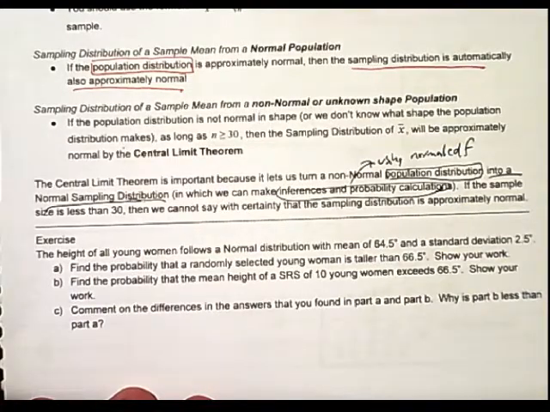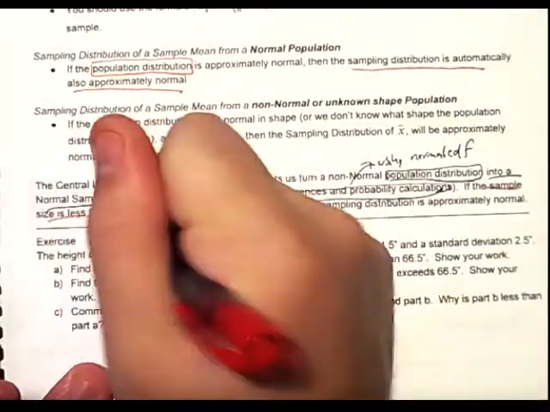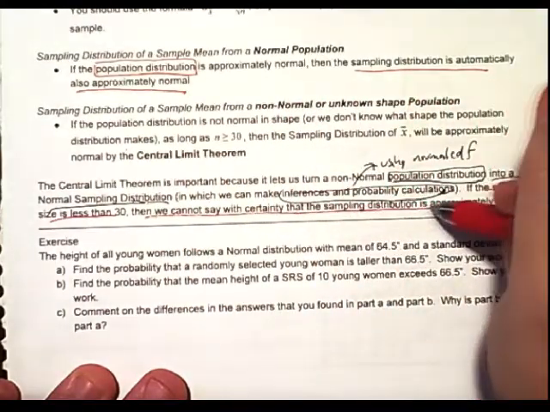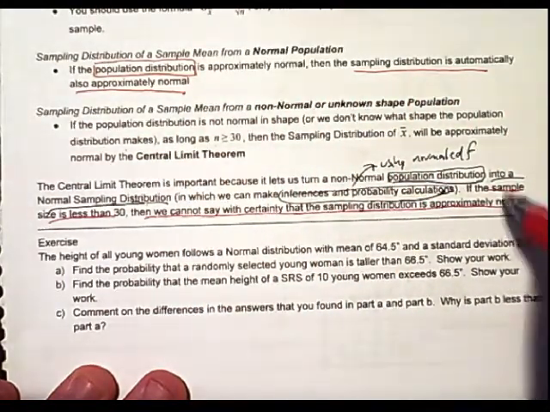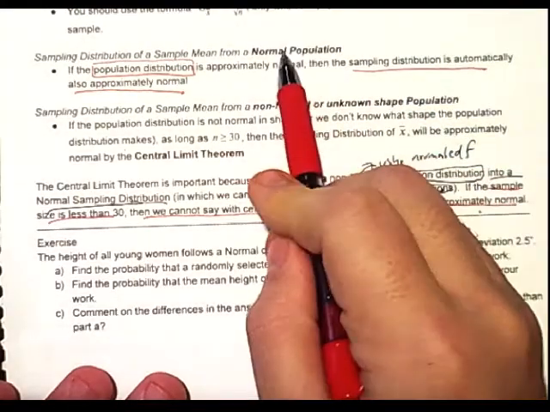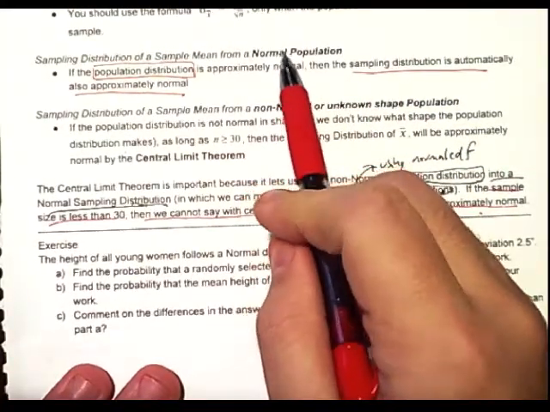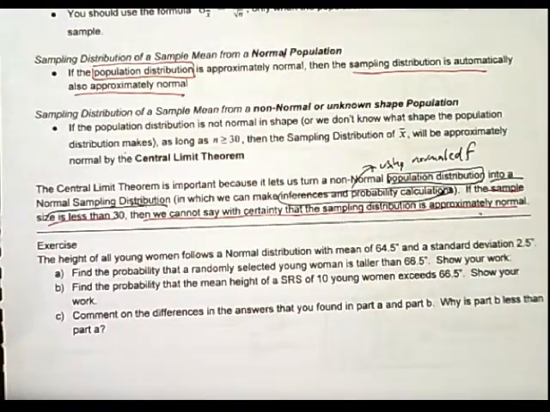Then it says if the sample size is less than 30, we cannot say with certainty that the sampling distribution is approximately normal unless we were told that the data comes from a normal population. If that's true, it doesn't matter what the sample size is.